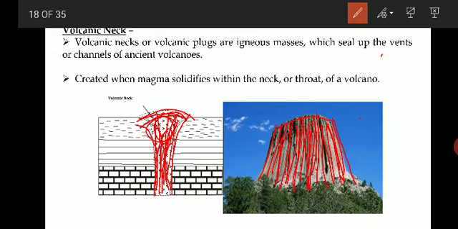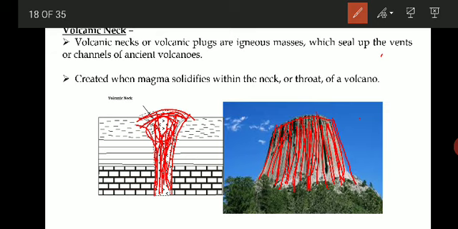So that is how the vent or channel of the ancient volcano has sealed up, and they may be circular or semicircular or irregular in shape, and they show variation in the diameter of the volcanic neck.